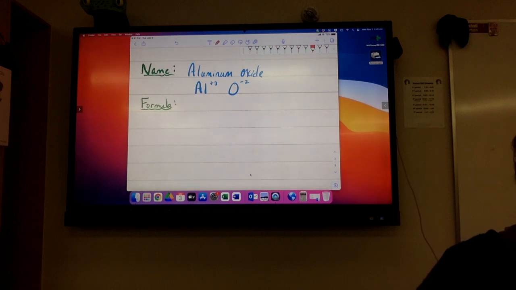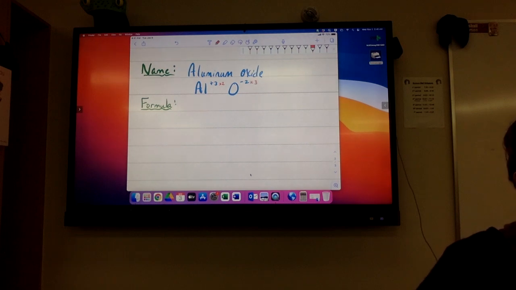2, 1, -0. Okay, so if I have that times 1, that's not going to work. Can we do division? No. Aluminum times 2, and then what? You can't divide, you have to multiply. Times 3.